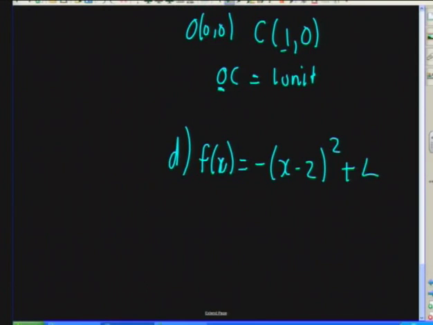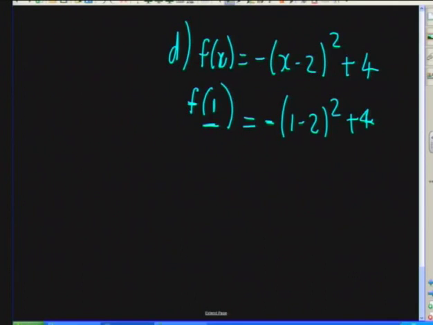And guys, it looks like we are running out of time, so I'm going to leave part D for you to do by yourself, but I will give you a hint. We know that the x value at point C is 1, so the x-coordinate at point B is also 1, as I showed you. So we substitute 1 in place of x and we solve for y.